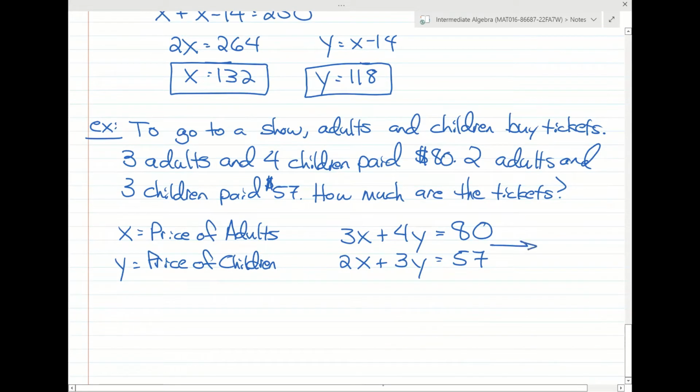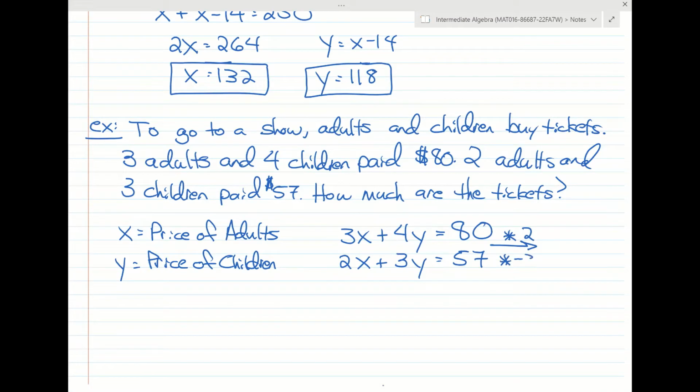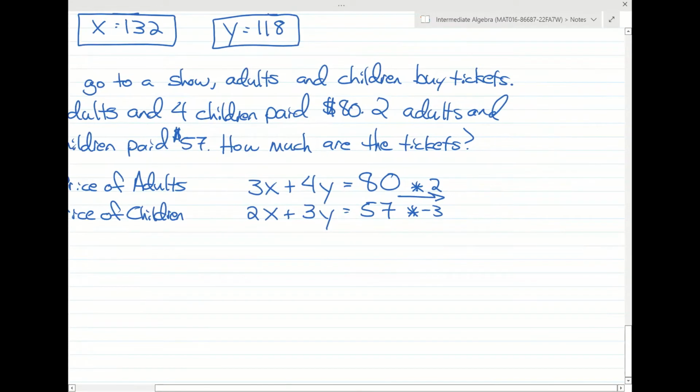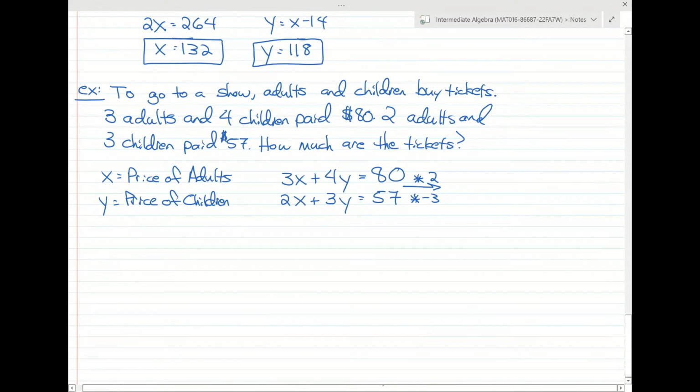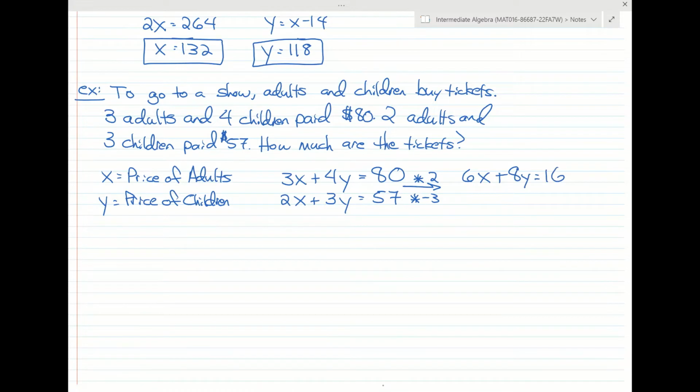We'll multiply this top one by 2, multiply the bottom by -3. And see what we get. 6x plus 8y is 160. -6x minus 9y. Let's see, 57 times -3 is -171.